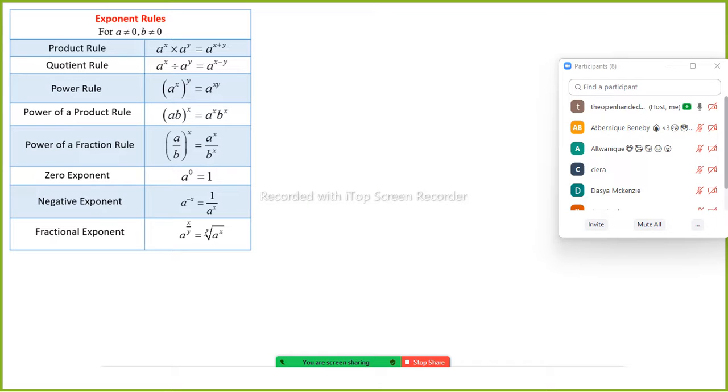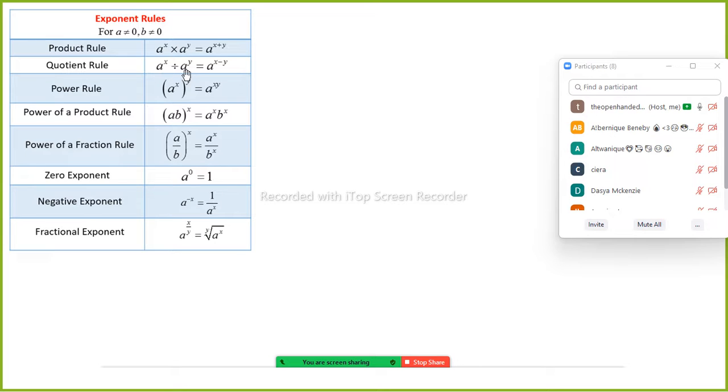let's recap the rules, and then once we finish recapping the rules, we can actually start the exercises that involve the rules. So remember the product rule, which tells us that if I have the same base and I am multiplying, so if I have the same base with a power and a next term with the same base with a power, I can add the powers.